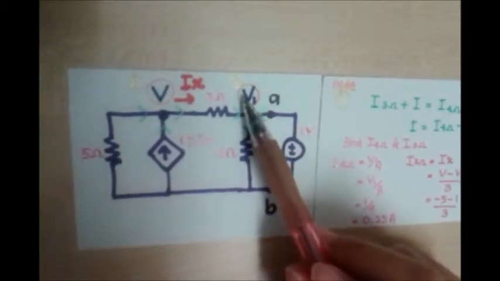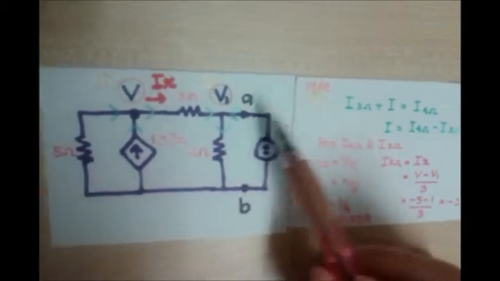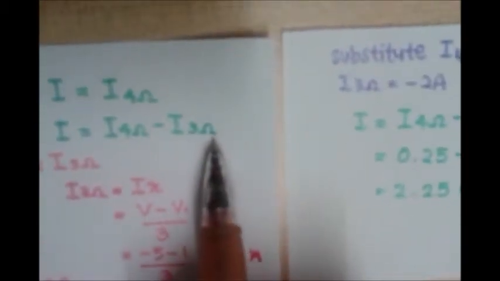For the second node, V1, the equation is I3 ohm plus I equals I4 ohm. Then I equals I4 ohm minus I3 ohm. But we must find I4 ohm and I3 ohm. We can use Ohm's law, V over R, for the I4 ohm. V is V1, we put 1 at V1 over 4.